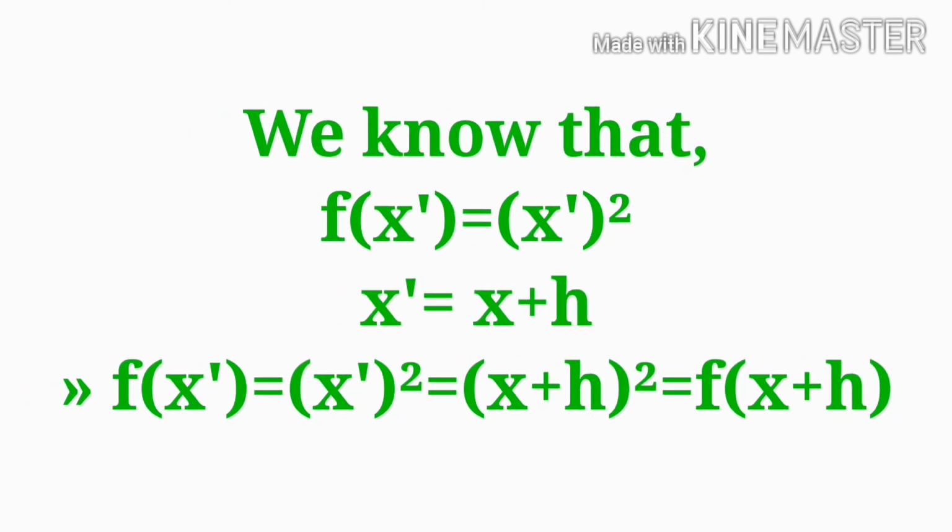We know that function of x dashed is equal to x dashed whole square and x dashed is equal to x plus h. So function of x dashed becomes x plus h whole square, which is the function of x plus h. Don't you agree? Please agree with me on this point and proceed to the next part of the video.